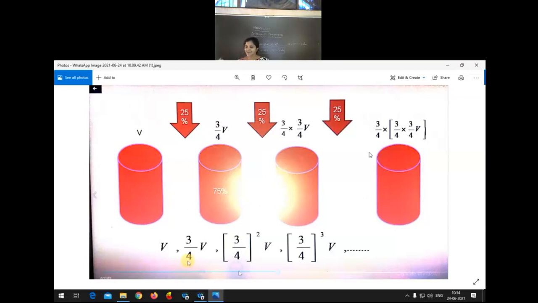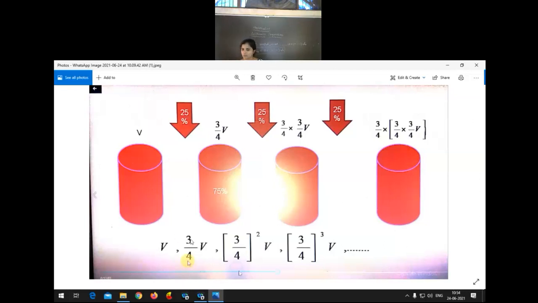If we continue like this, the pattern we get is: first is V, the completely filled cylinder. After removing 1/4 of the air from the first cylinder, 3/4 of V is remaining.